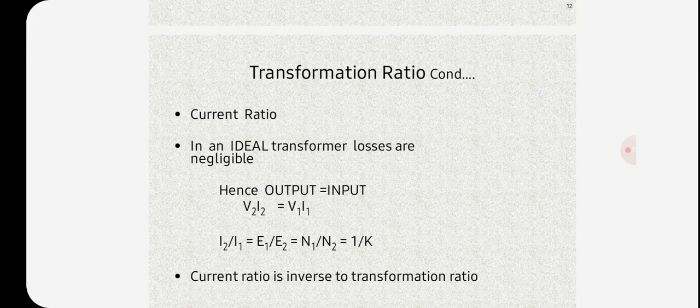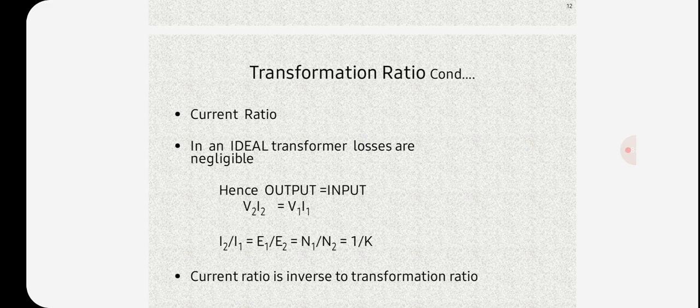Next, current ratio. The ratio of primary winding current to the secondary winding current is known as current transformation ratio. For an ideal transformer, the power input is equal to the power output.